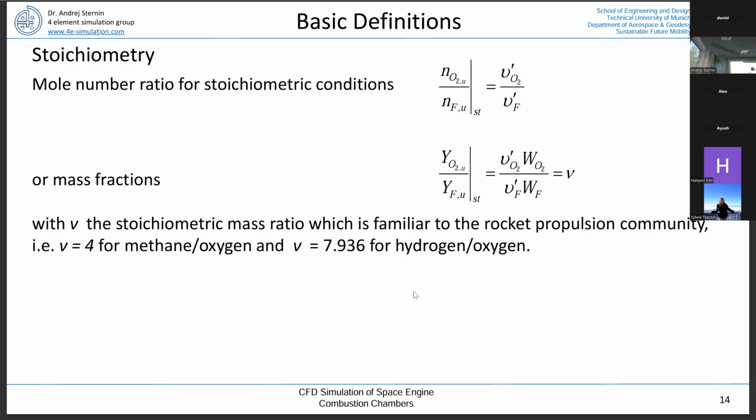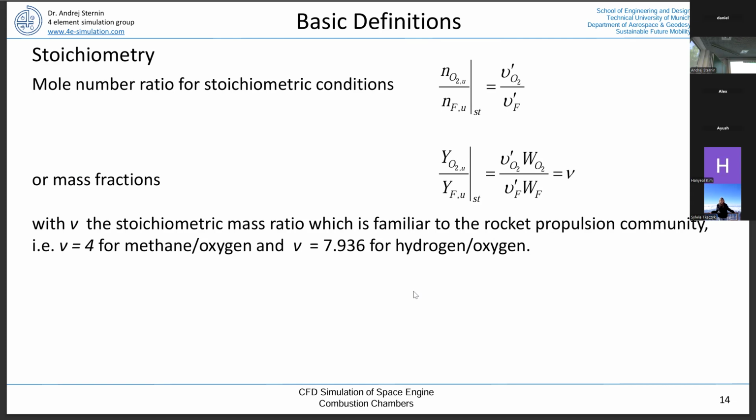And in terms of mass fraction, we have to multiply the stoichiometric coefficient with the mass of the molecule. So for you, in rocket engines, we would have the mass fraction 4, meaning the oxidizer to fuel ratio would be 4. This would be stoichiometric. We don't burn stoichiometric in a rocket engine.